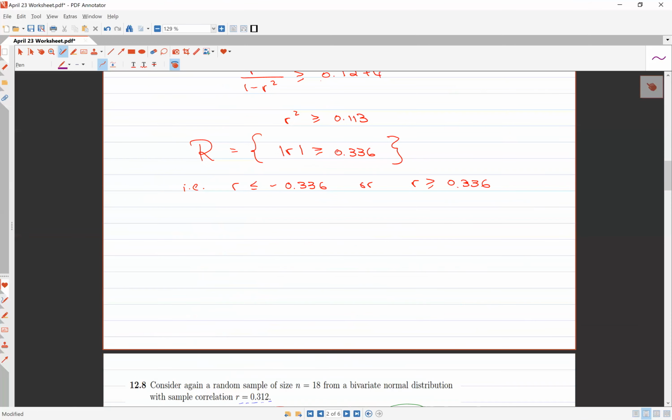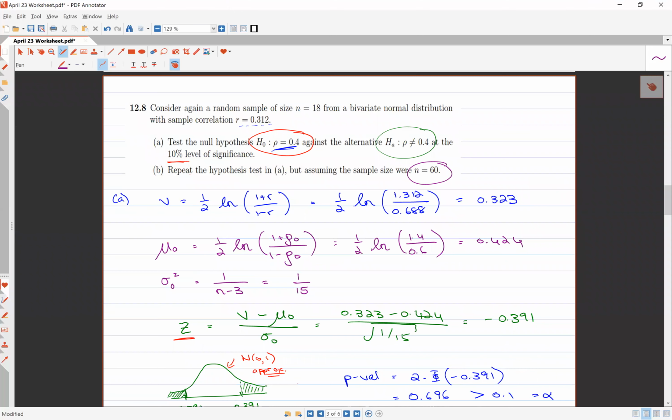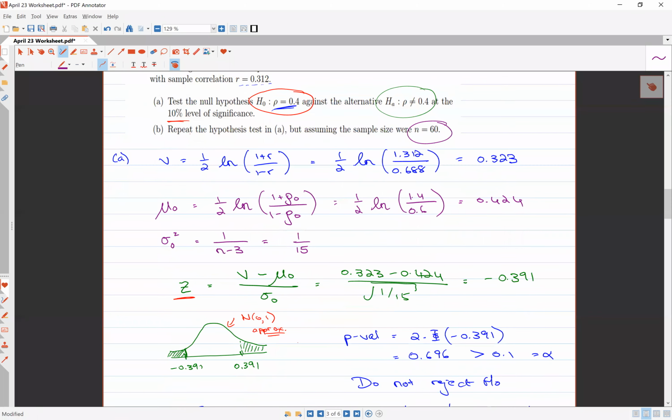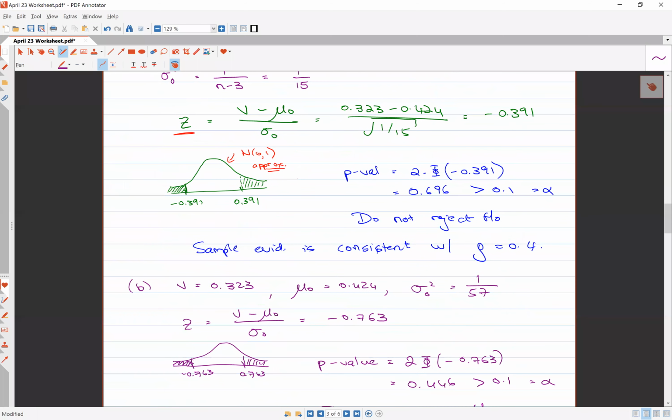If it's non-zero, then it becomes a lot more involved, because you need to transform the correlation to this log scale, both your sample correlation coefficient and your null hypothesis correlation. And then you can calculate a z-statistic. But that's the procedure if the null hypothesis correlation is any value different from 0.